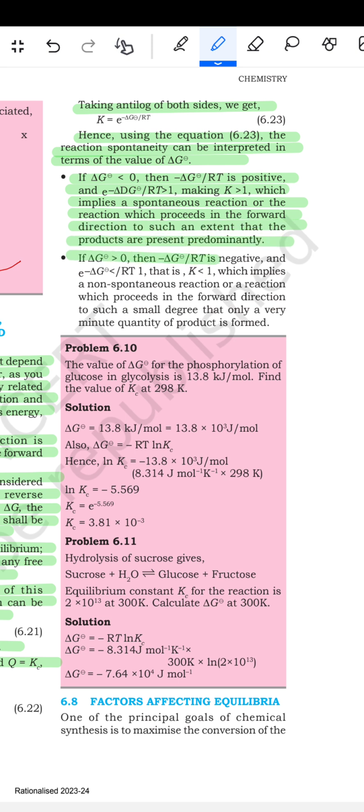If delta G naught is greater than 0, then minus delta G naught by RT is negative and e to the power minus delta G naught by RT is less than 1, that is K is less than 1, which implies a non-spontaneous reaction, or a reaction which proceeds in the forward direction to such a small degree that only a very minute quantity of the product is formed.